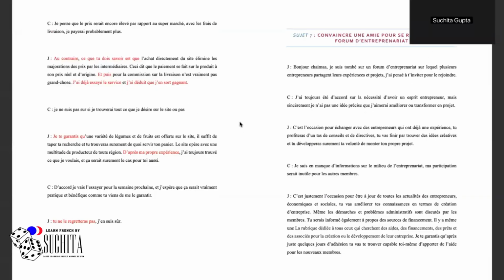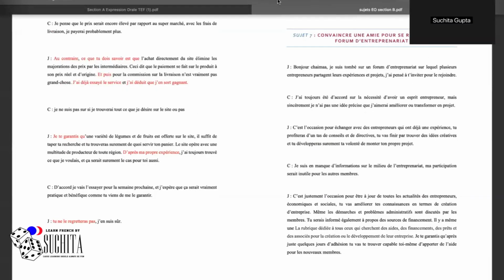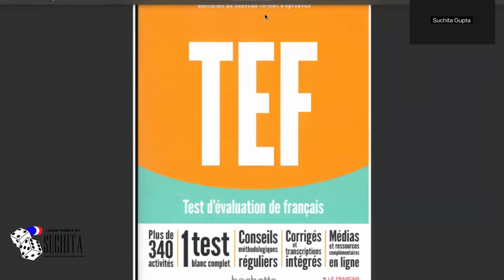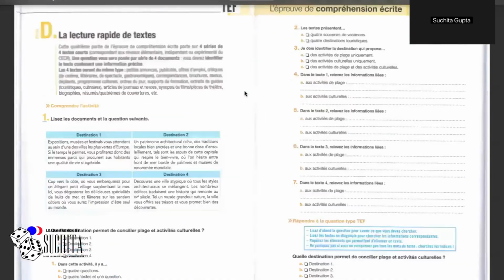Now, coming upon the topic for your dialogue for the upcoming week. If you have any questions, please ask. I'll show you your topic for dialogue. Right. So I'm going to give you the topic for dialogue from this book only.